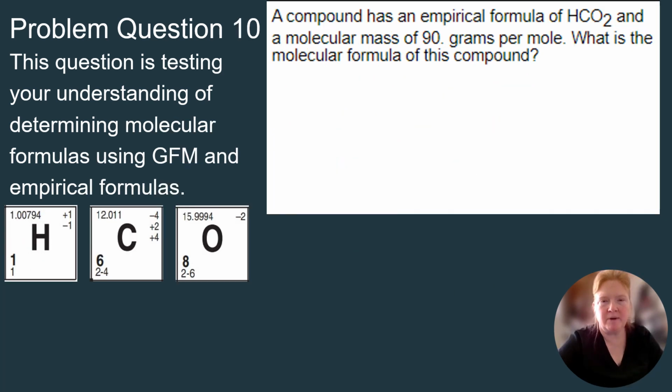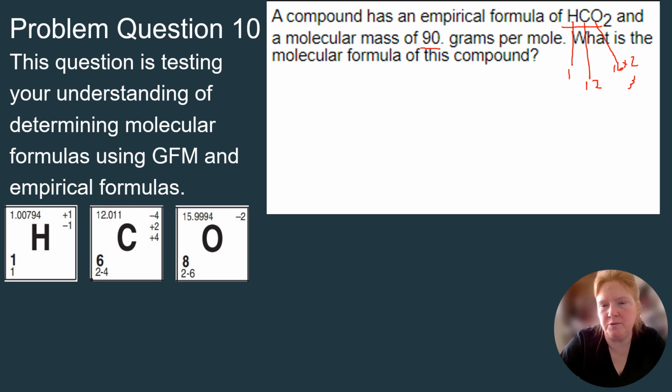All right, and our last problem here is solving for a molecular formula from an empirical formula and the gram formula mass. So it says we have this empirical formula and the molecule has a mass of this. So let's find the gram formula mass of this. 1, 12, 16 times 2.